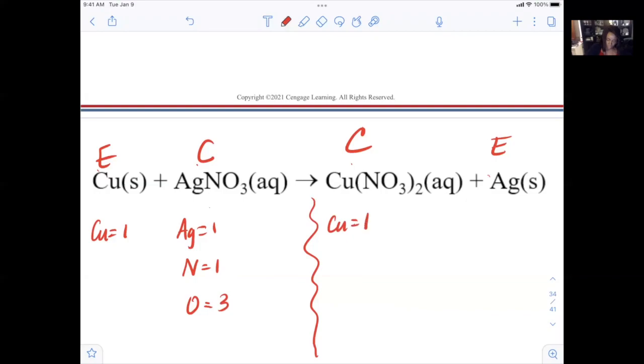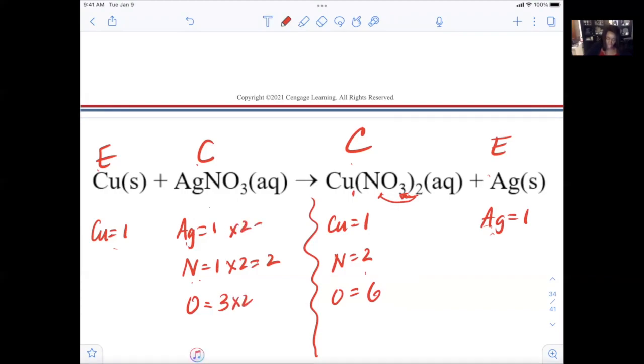Copper, 1. So I'm just reading the numbers down here, right? This multiplies into here. Nitrogen, 2. 3 times 2, oxygen, 6. Silver, 1. So copper matches, 1 and 1. Nitrogen, 2. So times 2 to make nitrogen the same on both sides, times 2 because they're in the same compound. I end up with 2 silver, 6 oxygen.